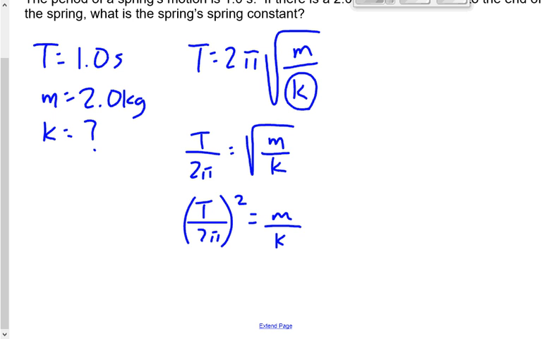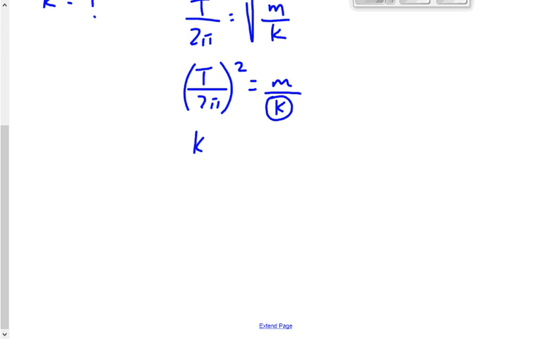We're getting there. K's on the bottom, but we want to get it to the top. We're going to take k up to the top by multiplying. So it becomes k times T over 2 pi squared equals m. We're getting there.